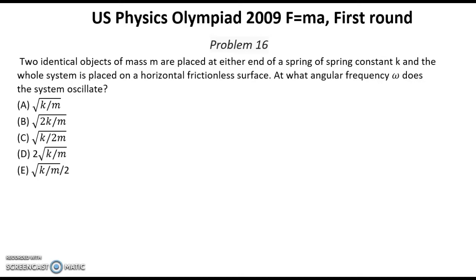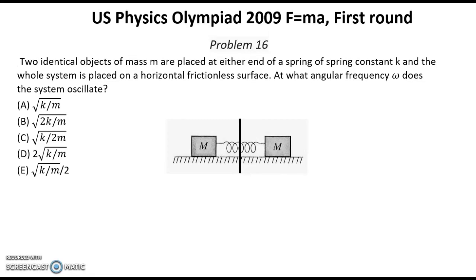Solution. Let's draw this picture. On this picture we can see that if we put the system into oscillation, the center of mass will not move. It means that we can split this system in half, and each half will oscillate independently, because this wall is not moving.